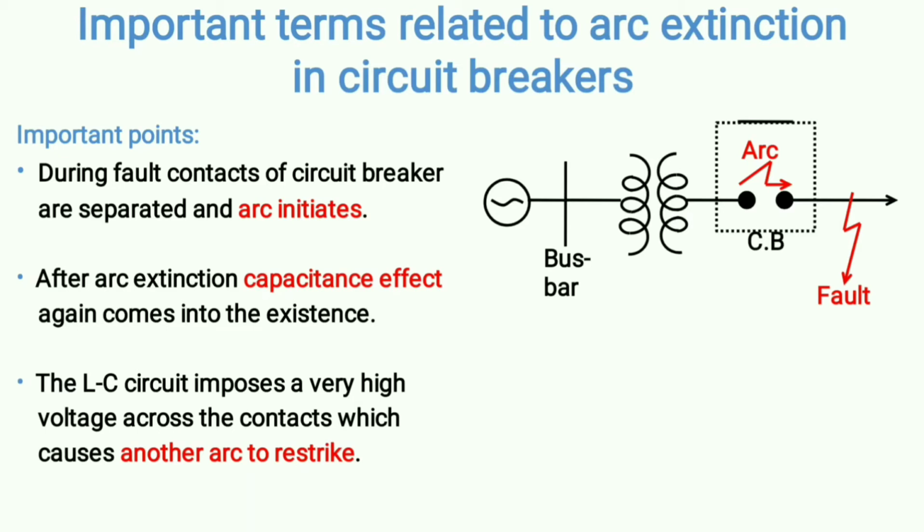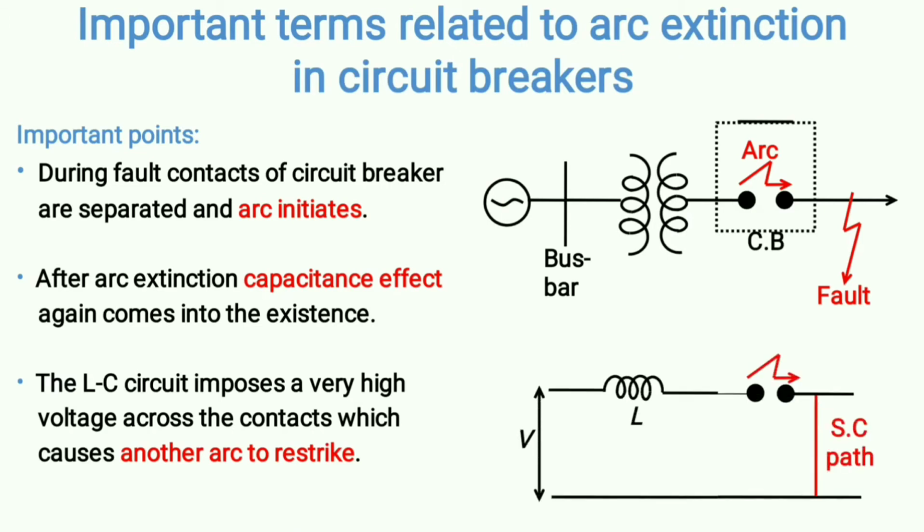Now this entire circuit diagram can be represented using this circuit. See, inductance is present in the circuit due to the transformer reactance or the alternator. This is the circuit breaker contact, where the arc is happening, and due to the fault, suppose there is a short circuit path through which the fault is taking place.